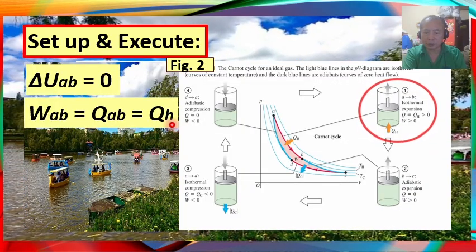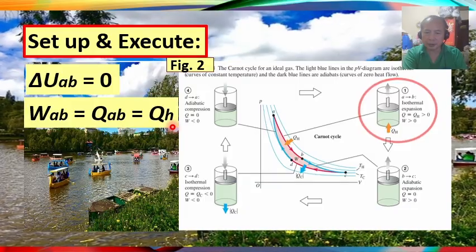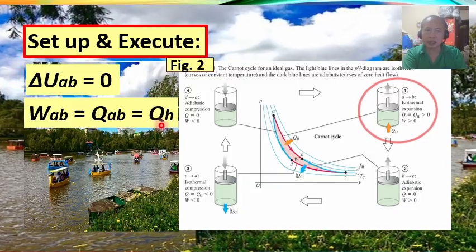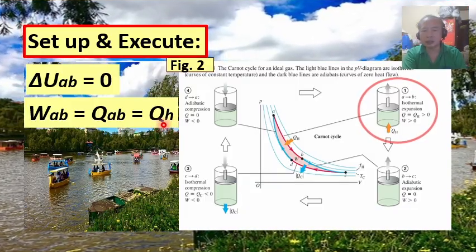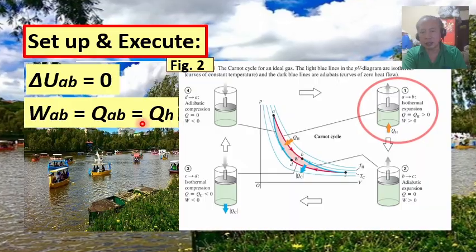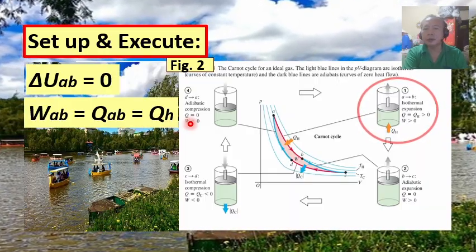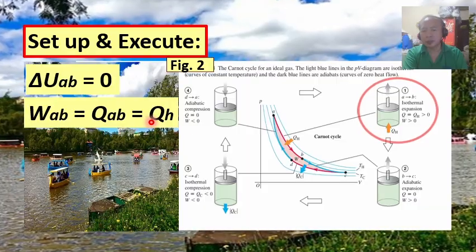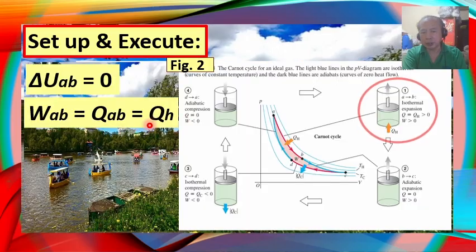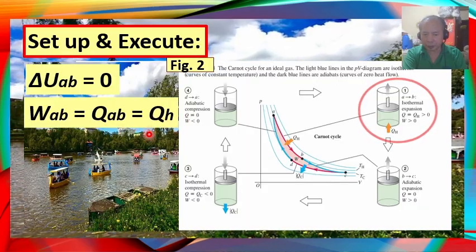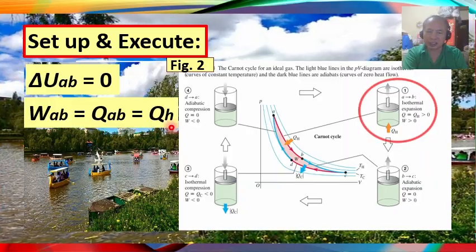The meaning of the subscript H is that this is the same amount of heat in the hot reservoir, which is a typical term used in describing heat engines.